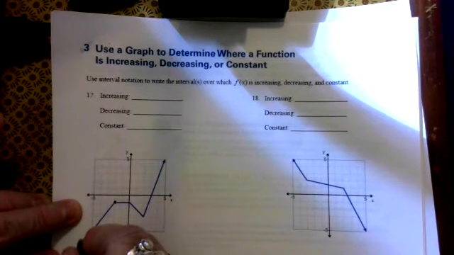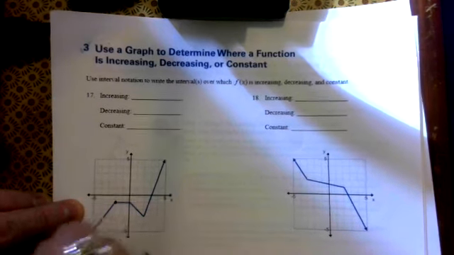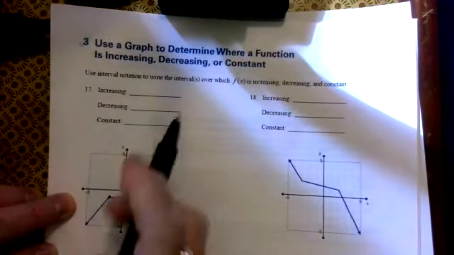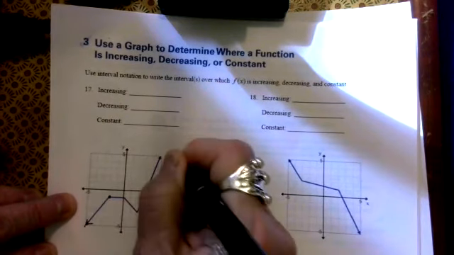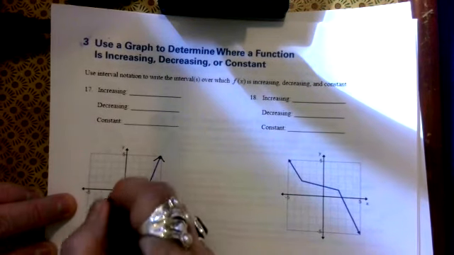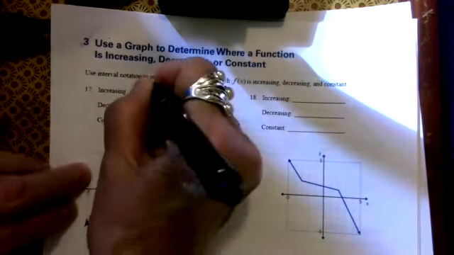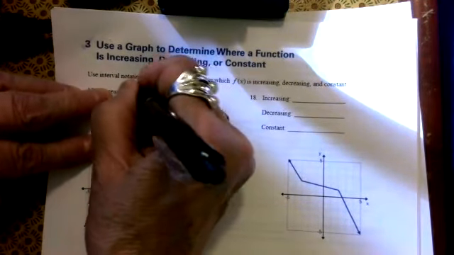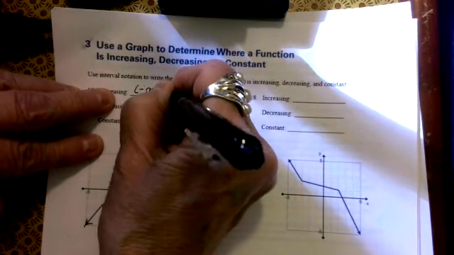I just noticed it actually does have an arrow here, not a point, and this is an arrow here. It's kind of hard to see. So then really it's going from negative infinity up to this x value. So it's increasing from negative infinity to -2.